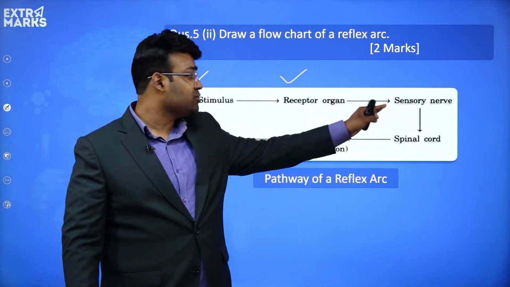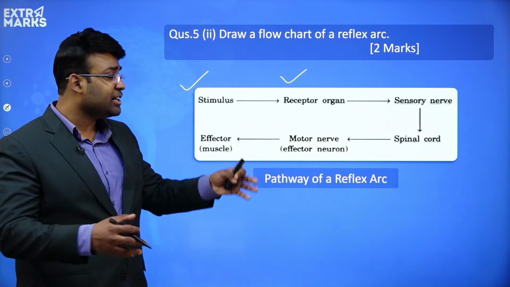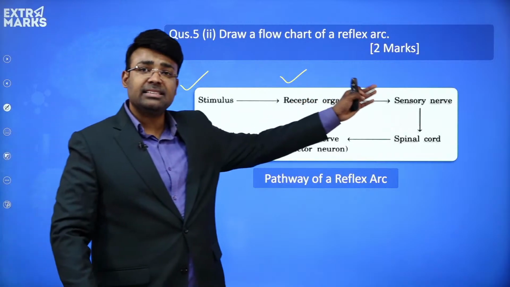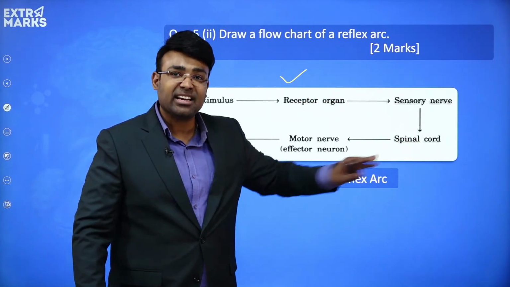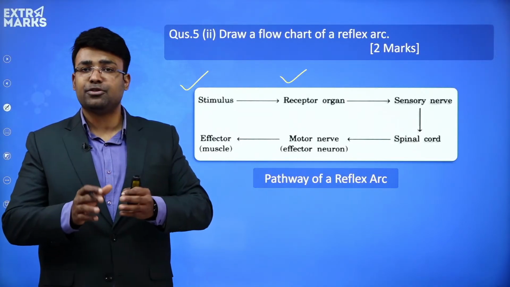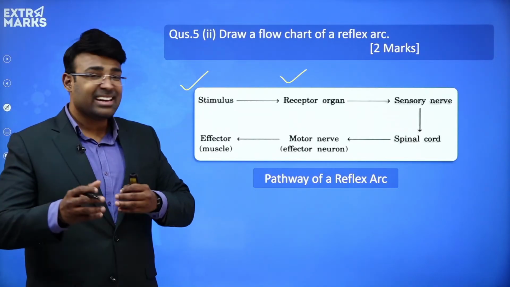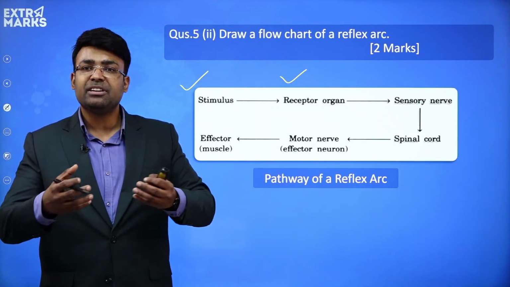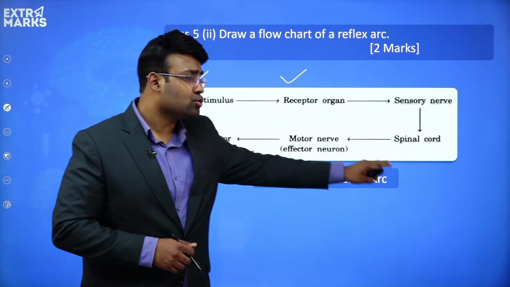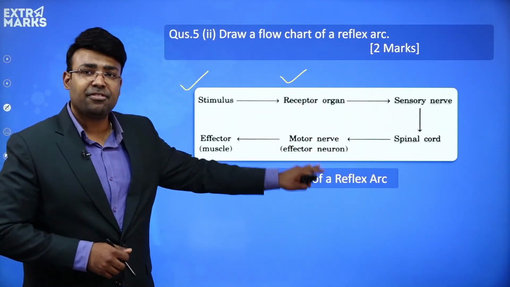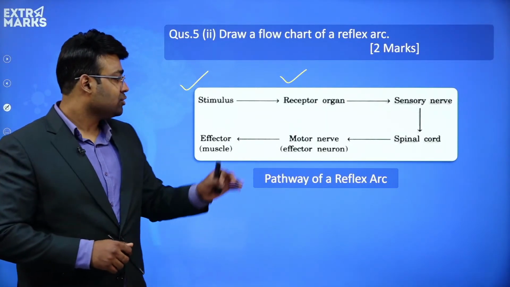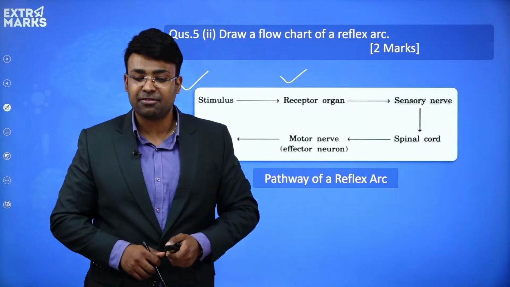This receptor nerve or sensory nerve, which is basically there to sense things, like for example our hand, will send the signal to the spinal cord. Now the spinal cord has one major type of neuron, that is the relay neuron. Relay neuron basically communicates between the two neurons, the sensory and the motor, and this information is sent to the motor nerve and finally to the effector, so that the stimulus reaction can be given. So this is the pathway for the reflex action.